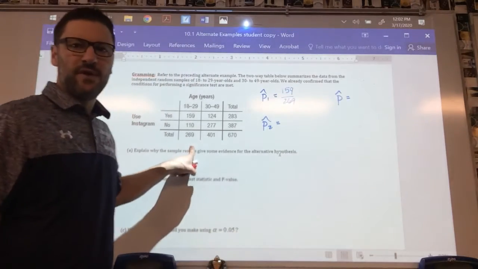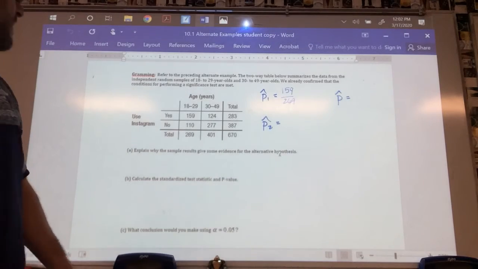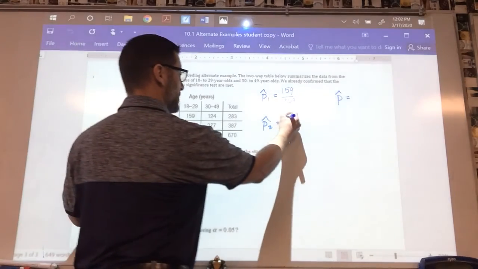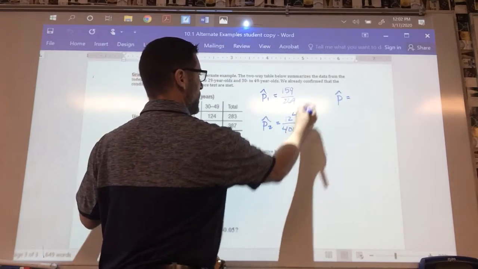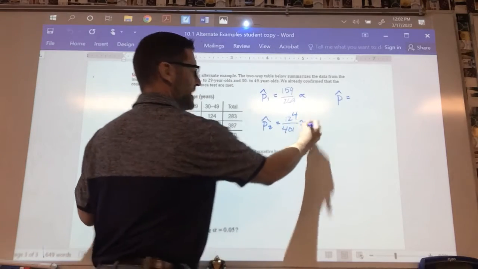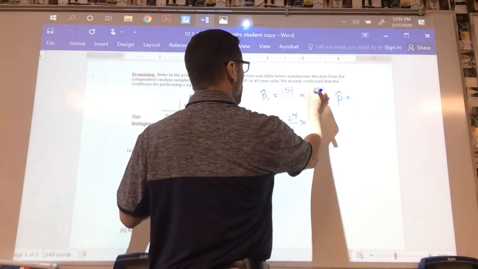Press pause, see if you can find the P2 value. Okay, the P2 value was 124 out of 401.